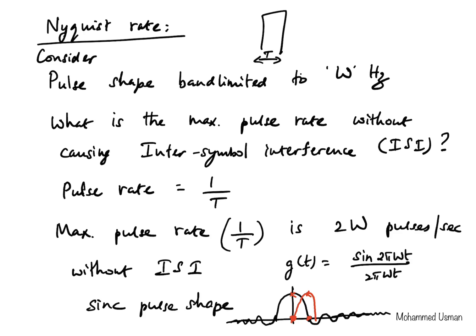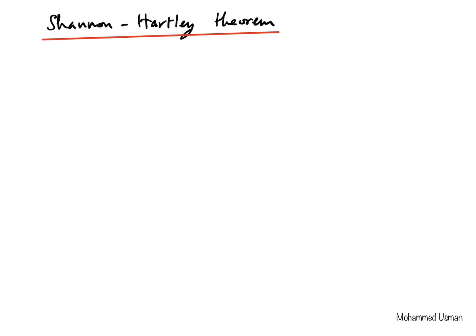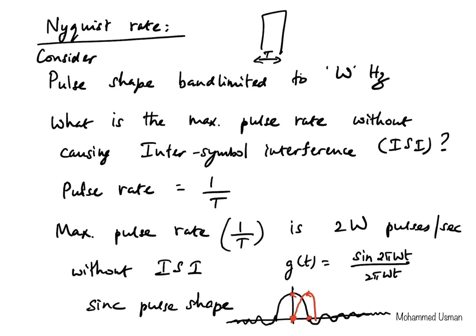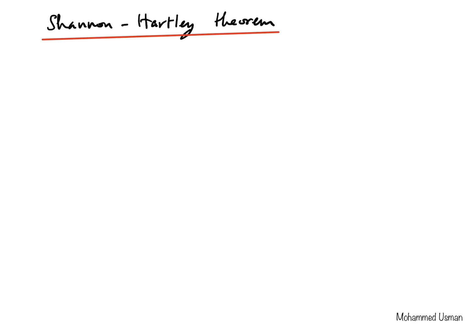The next important result in the domain of digital communication systems is what is called the channel capacity theorem, also called the Shannon-Hartley theorem. Basically what this theorem says is that it gives us a relationship: given a certain bandwidth for the channel, okay, so far we have talked about the bandwidth of the pulse.